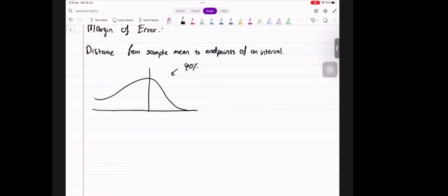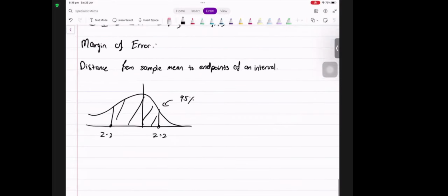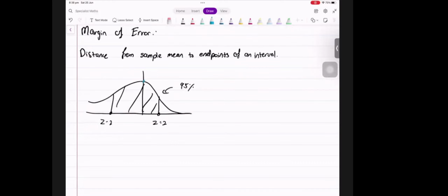Looks a bit better, somewhat more symmetrical. So let's say at these points, I'll make this easier, z is equal to 2, z is equal to -2. So this should be, let me get this right, 95%. And so here would be your mean equal to 0, and your margin of error is just this distance here.